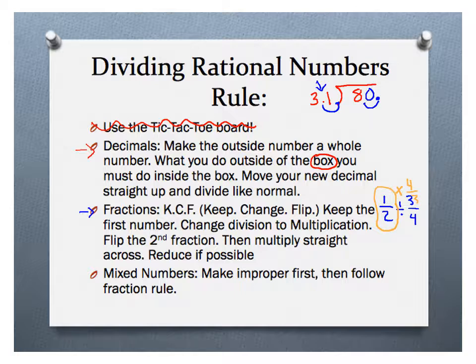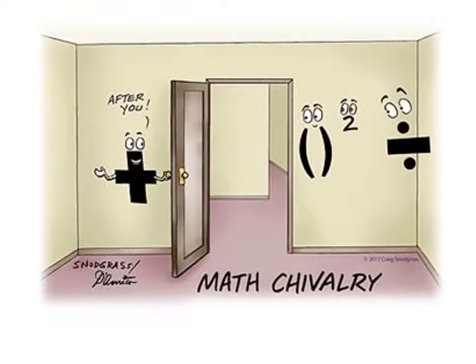So 1/2 times 4/3, and then you multiply straight across. 1 times 4 is 4, 2 times 3, 6, and you can reduce that. There, 2/3. And again with mixed numbers, you have to have an improper fraction first. And then all right, good luck with rational numbers.